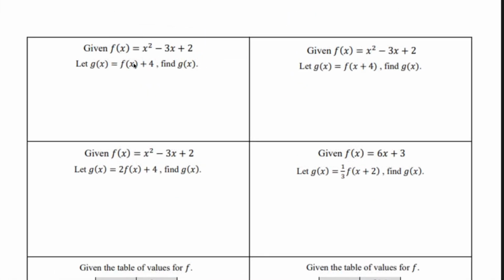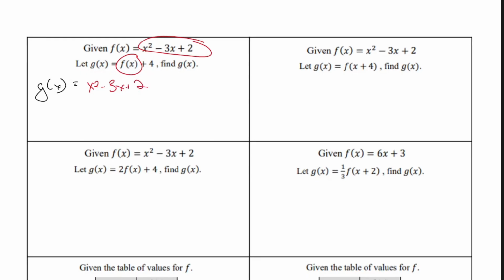All right, let's do some math. This guy is pretty easy. It's saying, look, f of x equals blah, blah, blah, blah. So let's find g of x, which is blah, blah, blah, plus 4. So literally all you're taking is that guy. So g of x is just going to be f of x, which is x squared minus 3x plus 2.